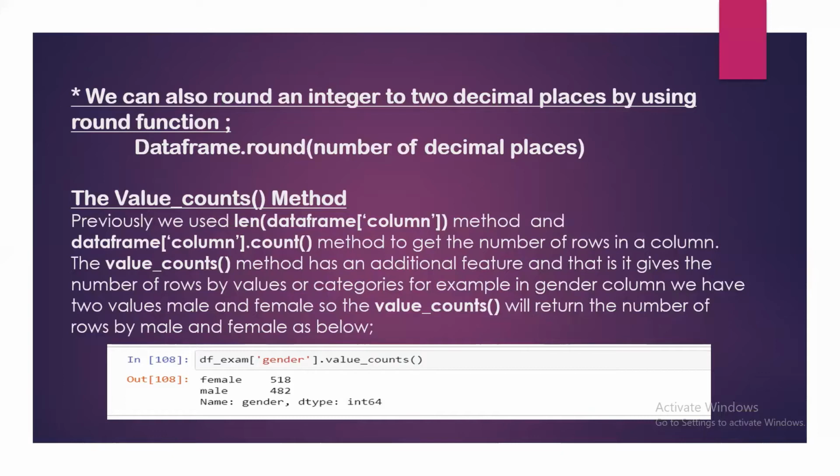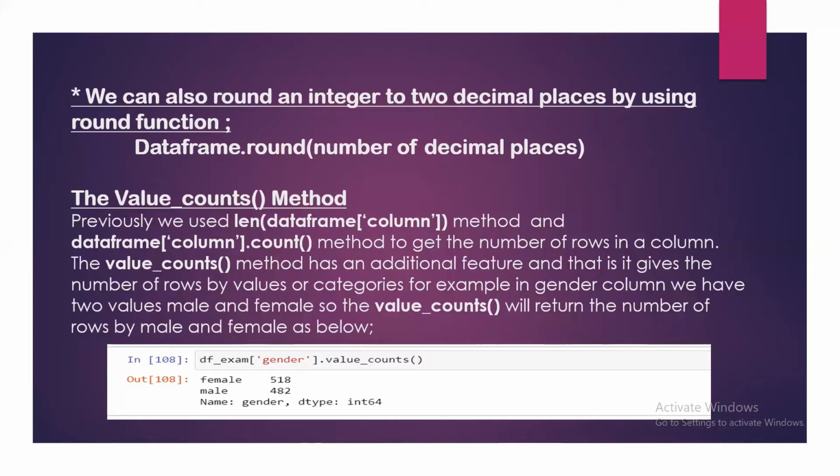Like Excel, where we perform subtotaling by column head, the value counts method also has an additional feature: it can sum the number of rows by their categories or by their attribute or feature.